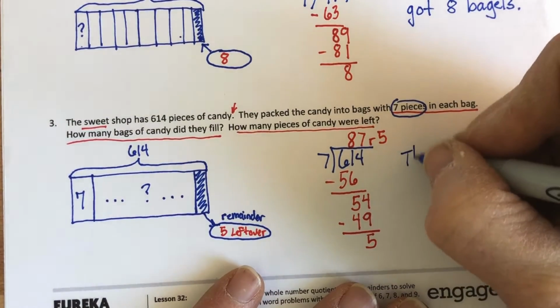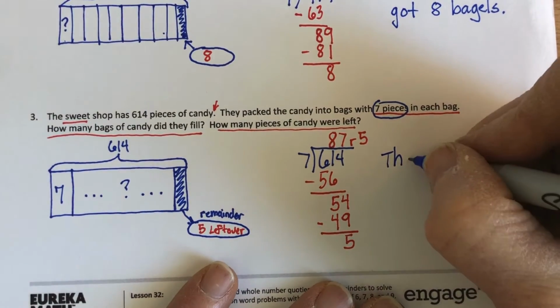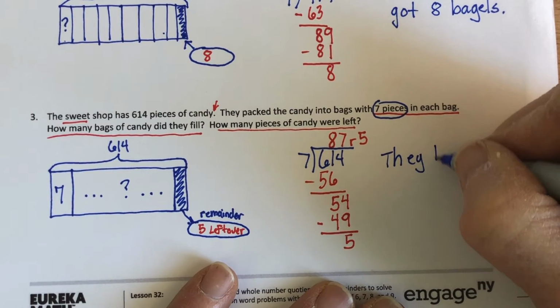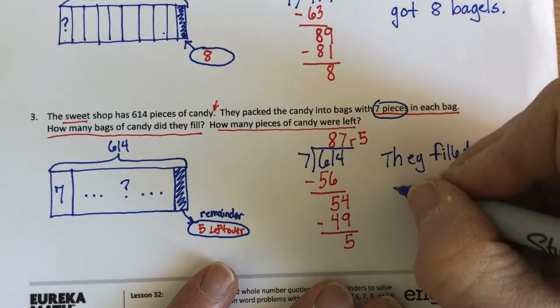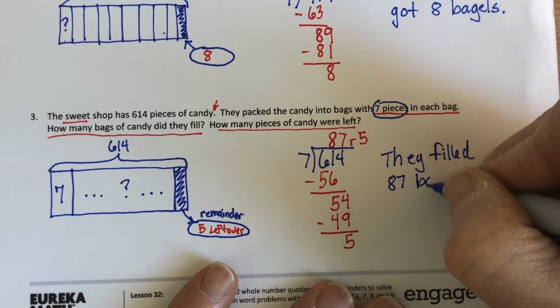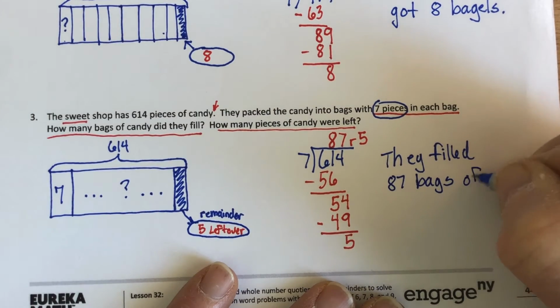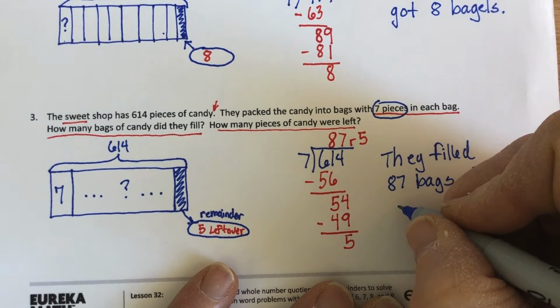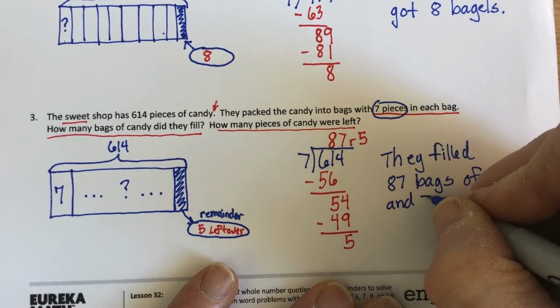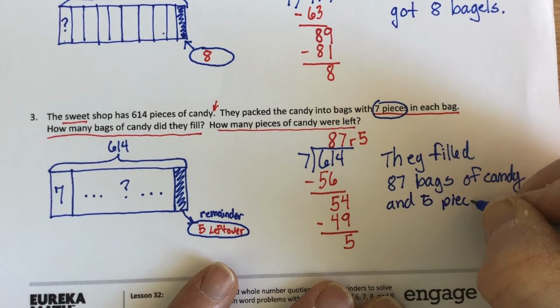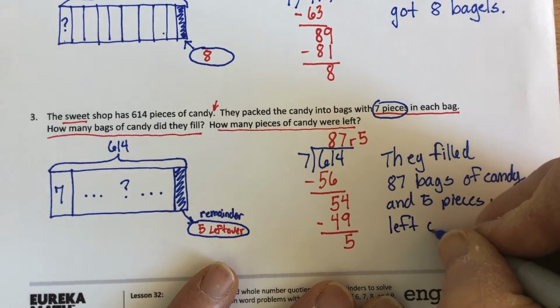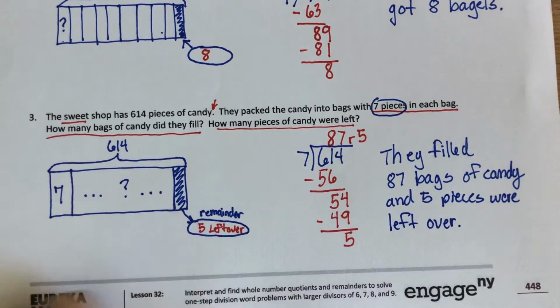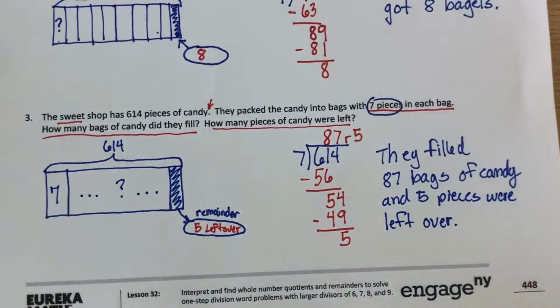So they filled 87 bags of candy and 5 pieces were left over. Period. Great. There it is. Awesome. Let's move on to the next one.